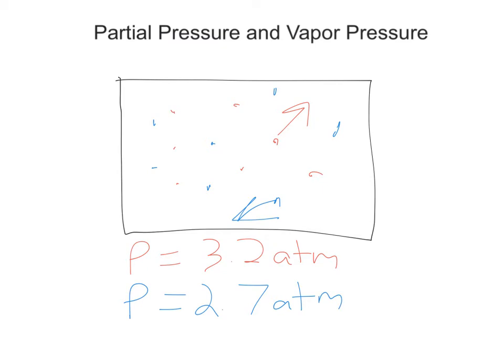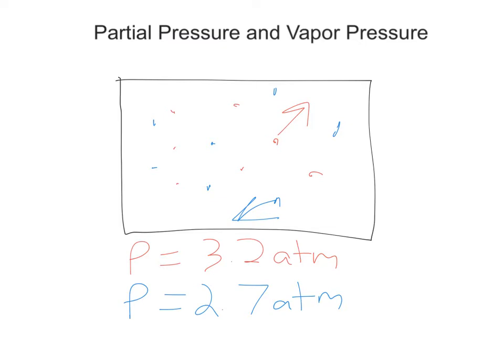The container doesn't notice that. Wait, did I do that backwards? 3.2 from the red gas, 2.7 from the blue gas. It feels them at the exact same time, and it feels them cumulatively.